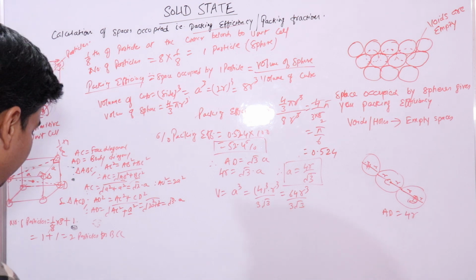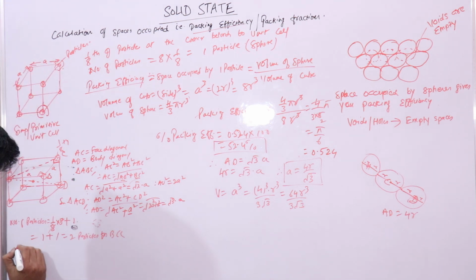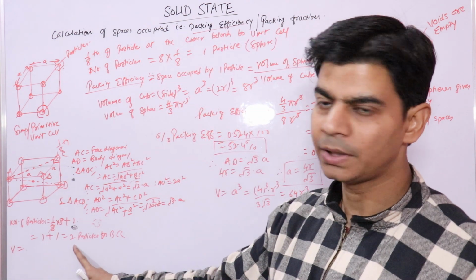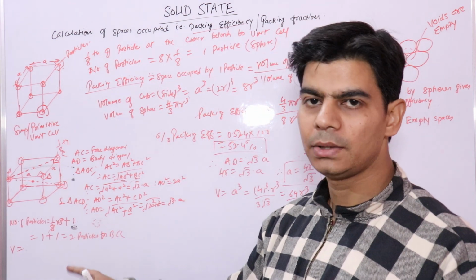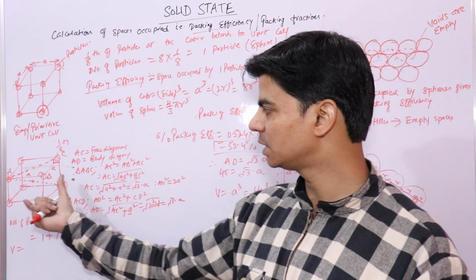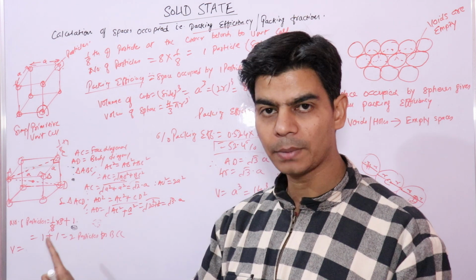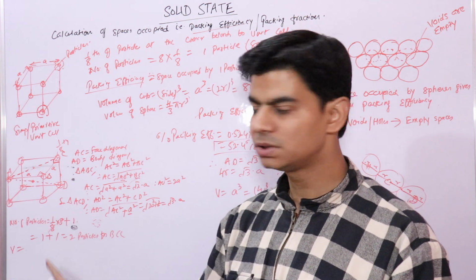So the volume of sphere would be, we know that volume of sphere is 4 by 3 pi r cube, right. So total volume would be, in body centered cubic we found that we have 2 particles, and the space occupied by particles in BCC would be due to these 2 particles, and volume of one particle would be 4 by 3 pi r cube since it's a sphere.